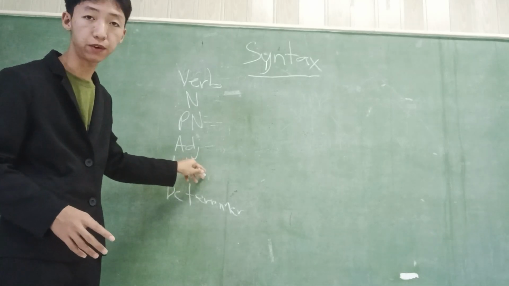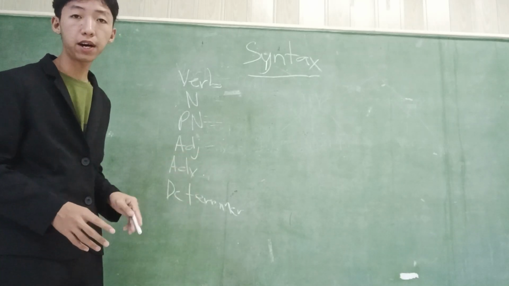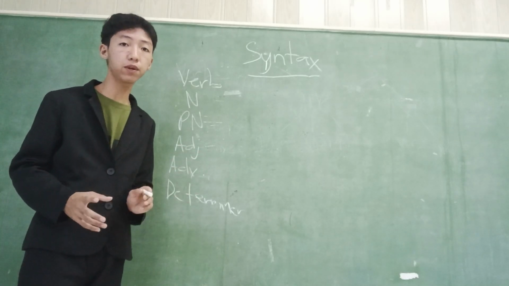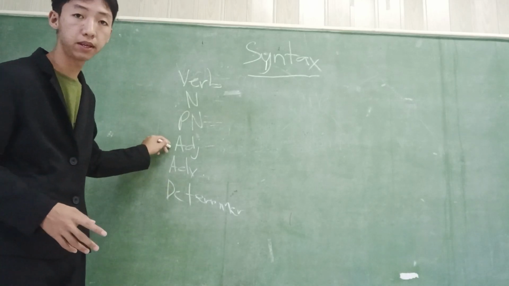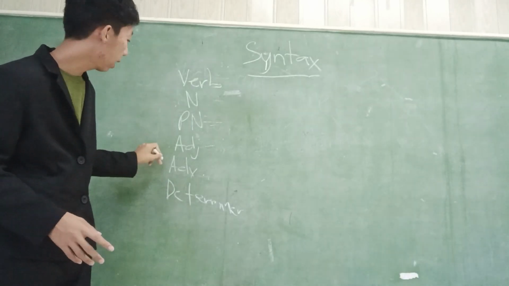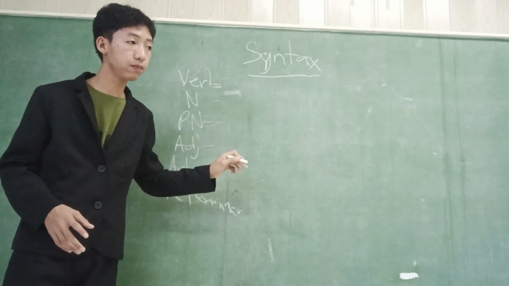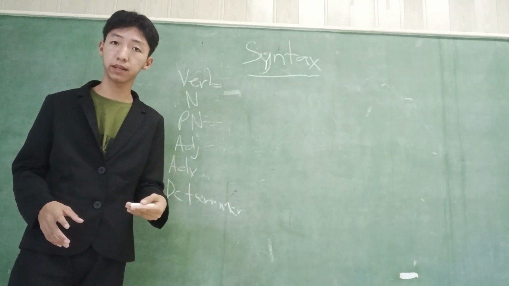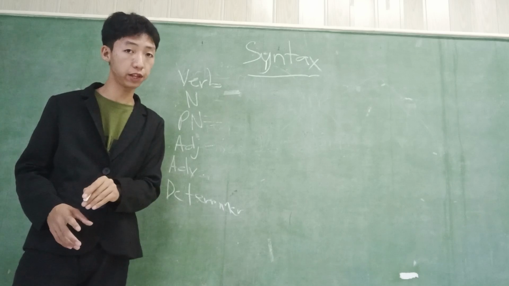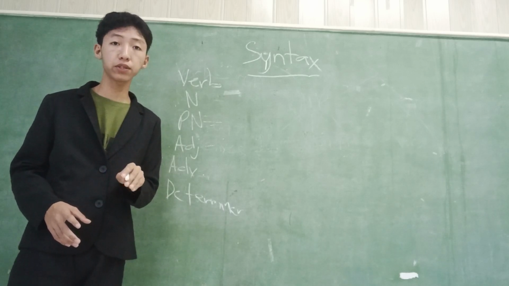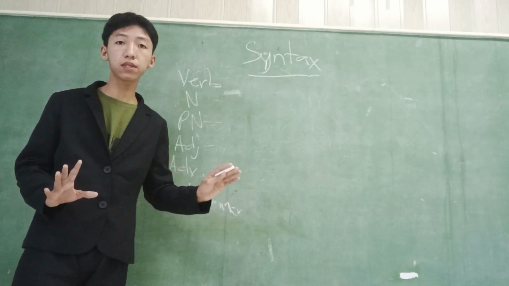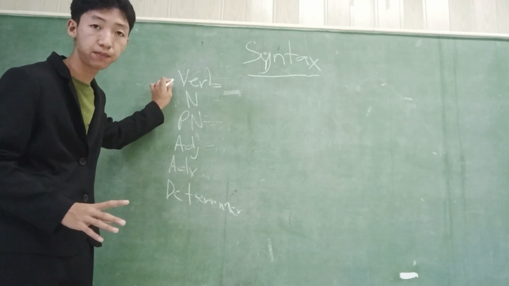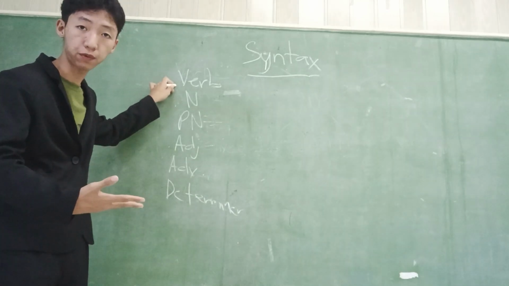Now we have an adverb. What's an adverb? An adverb is used to describe a verb, just like the adjective describes the noun. Examples of adverbs: he ran fast, or he ran quickly. He moves swiftly. He talks slowly. It describes the verb, how the action was performed.